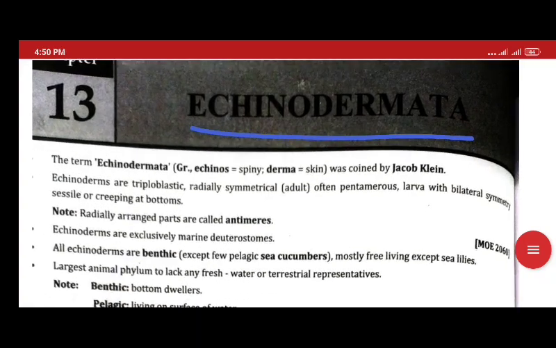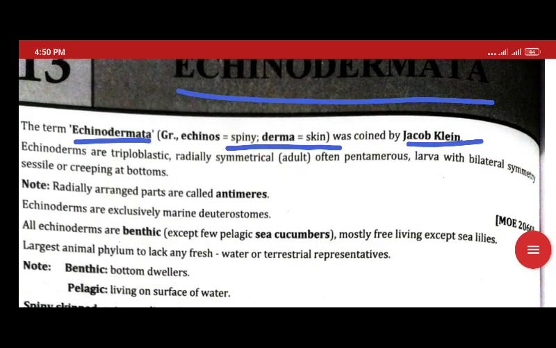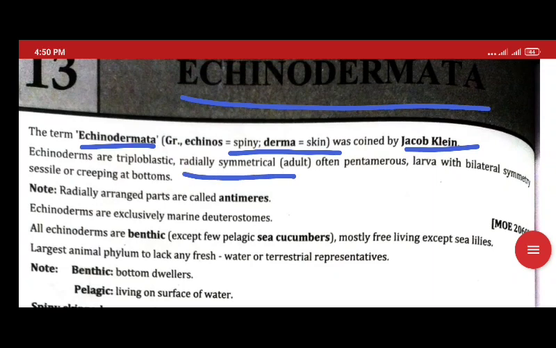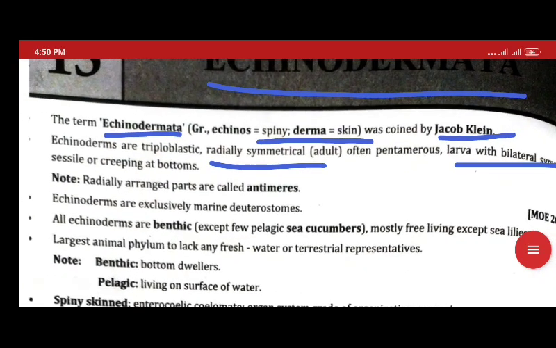The term Echinodermata means spiny skin, coined by Jacob Klein. I have told you that it is radially symmetrical in adult, but the larva is what? Bilaterally symmetrical.